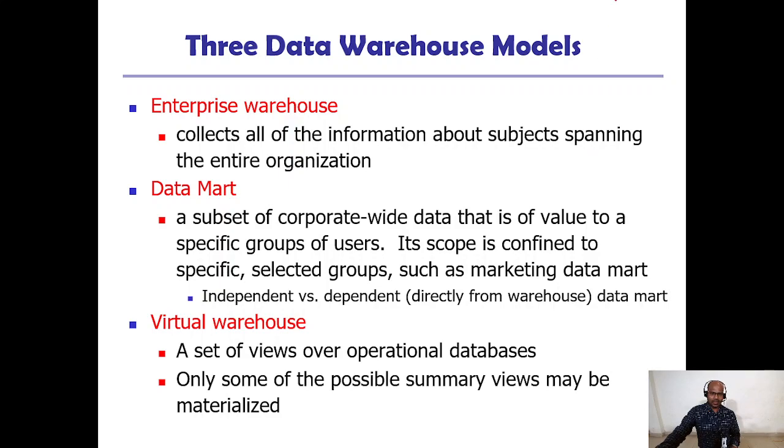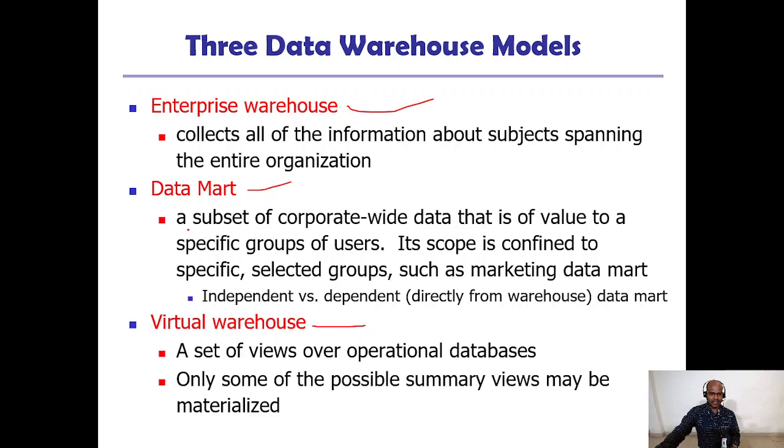We have three data warehouse models: enterprise data warehouses, data marts, and virtual data warehouses. An enterprise data warehouse collects all the information about subjects spanning the entire organization, meaning it contains the entire organization's data. A data mart, which we saw previously, does not contain the entire organizational data.